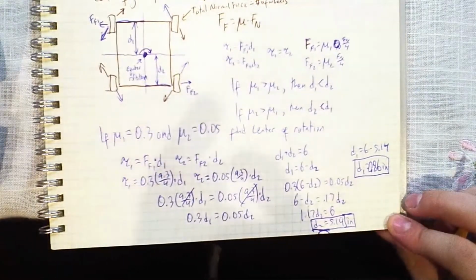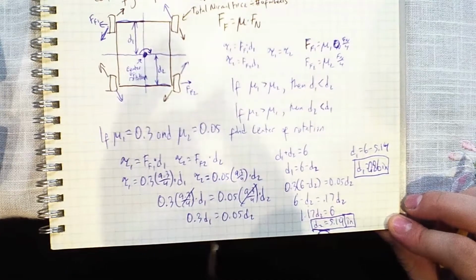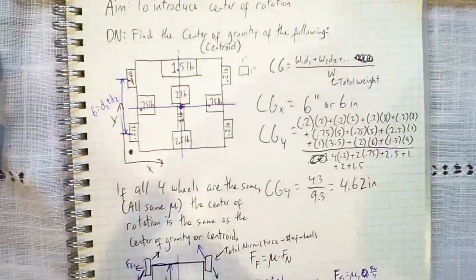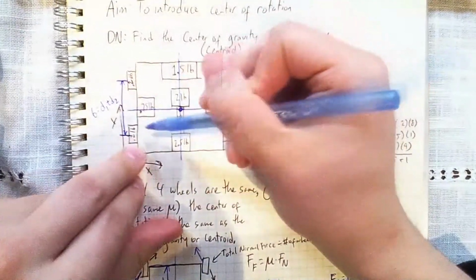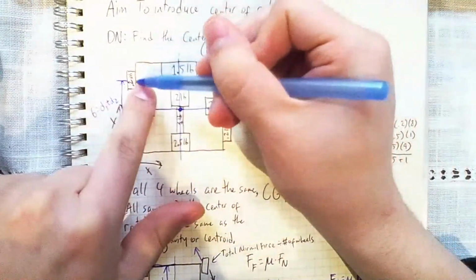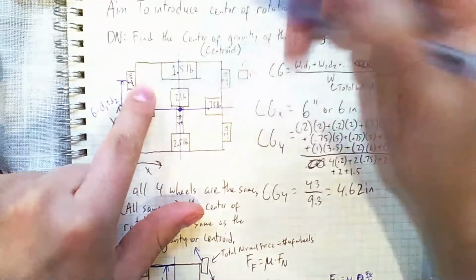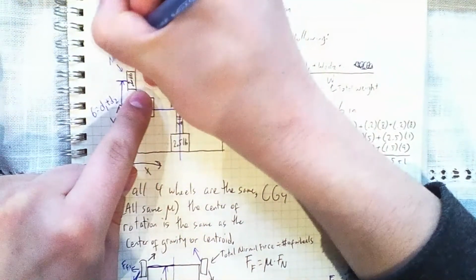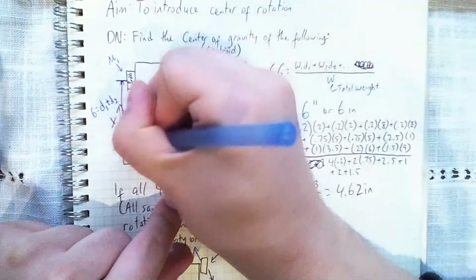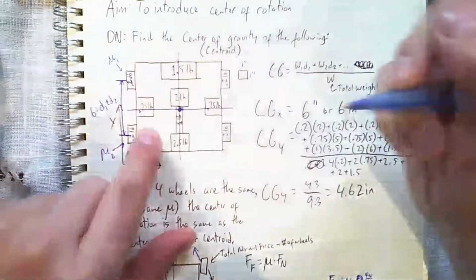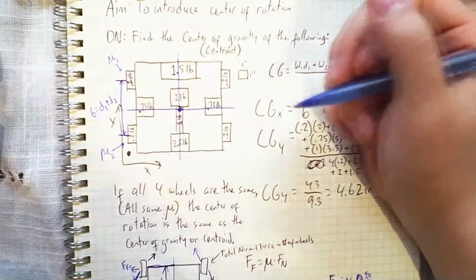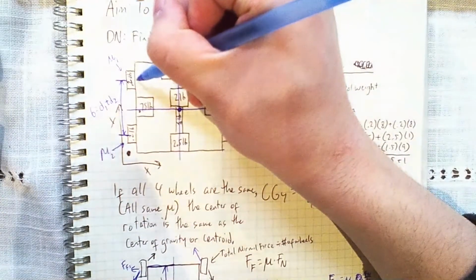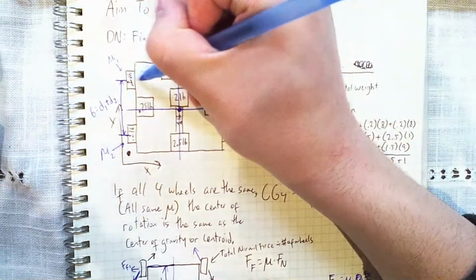So that means that our center of rotation is going to be really close to these back wheels. These wheels up here, because we said this was mu1 and this was mu2. So our center of rotation is going to be 0.86 inches away from here.